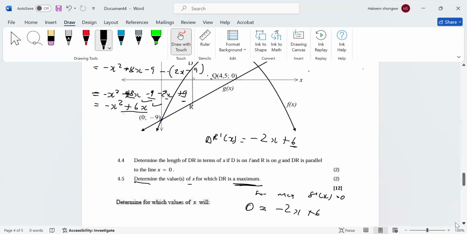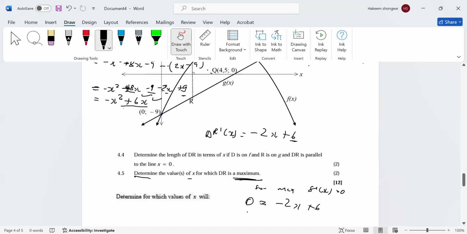We take 6 to the other side, so we have minus 6 equals minus 2x. When we divide both sides, it says x is going to be equal to 3. And then we only stop here.